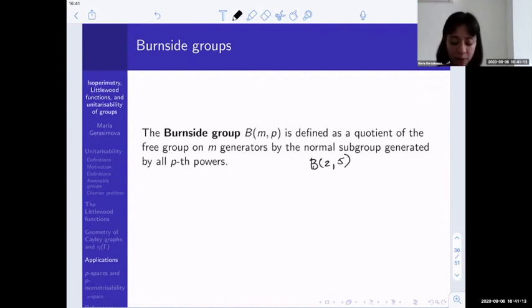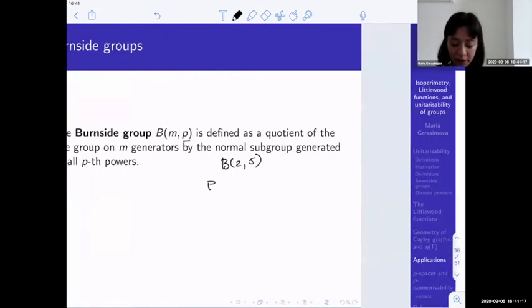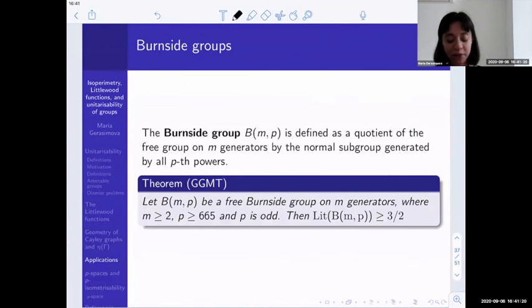If I take a big exponent, as I told already, that it should be bigger than 665, and p should be bigger or equal to 2, and p should also be odd, then you can estimate the Littlewood exponent. It is bigger than 3/2. Unfortunately, it is not what I really wanted, but still something. There is some conjecture that maybe it should be equal to infinity or maybe not. So there are two different conjectures, and unfortunately at the moment I don't know how to solve it.